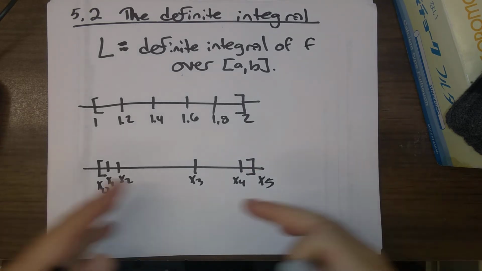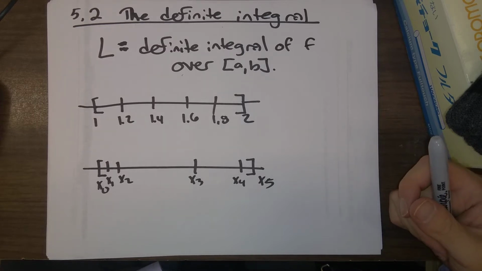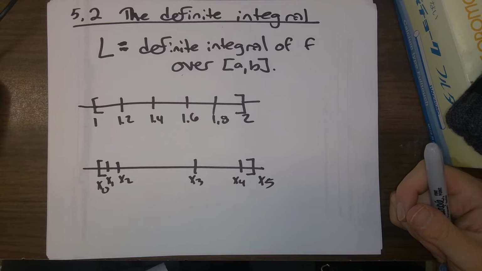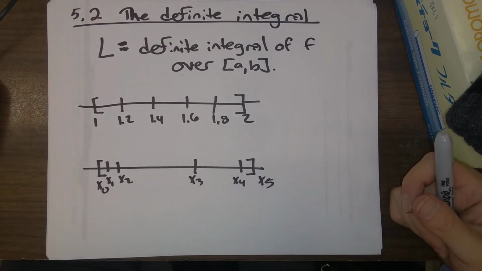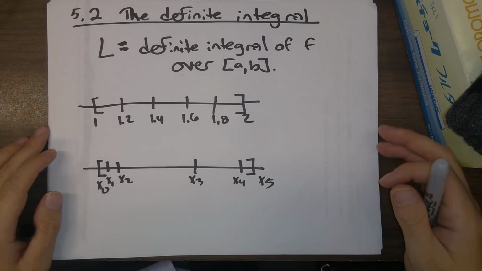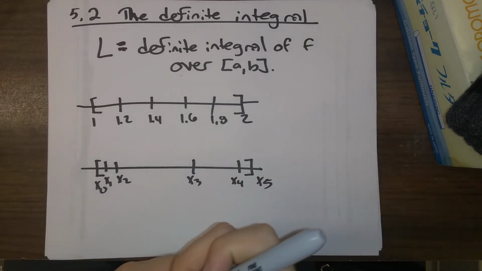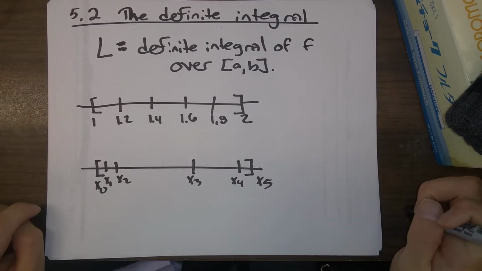And here you can clearly see that I'm not equally spacing them apart. But we can define approximations over this kind of subpartition just like we did in the previous section.